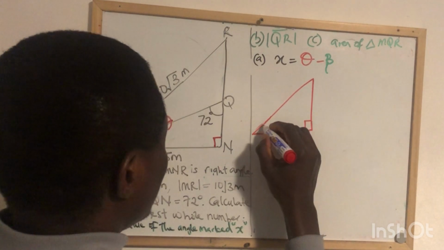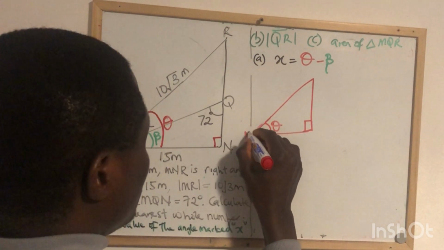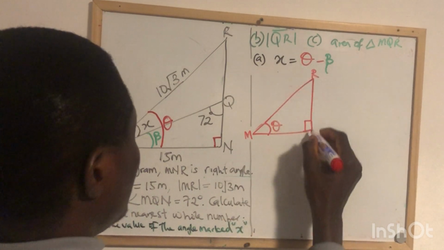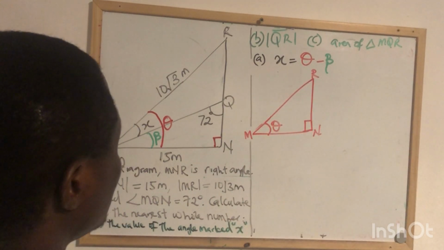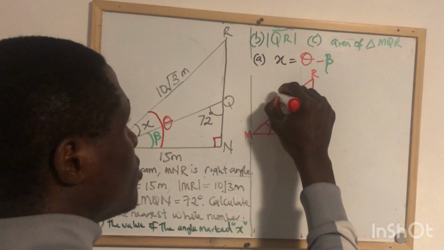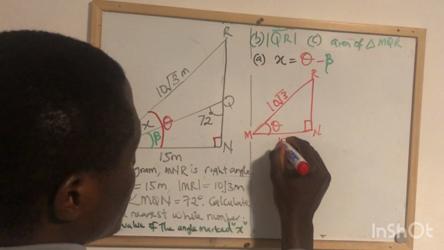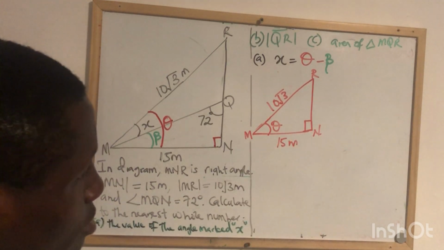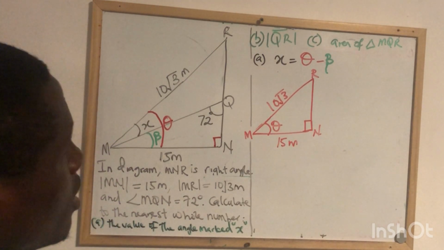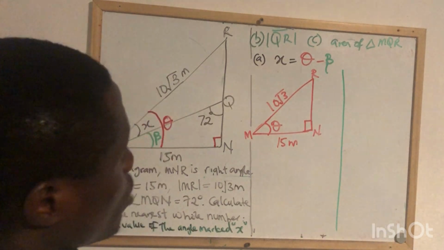So we have triangle MRN, with 10 root 3 and 15 meter. That's the first thing you need to note, and then I will do it side by side with beta so that we can follow.